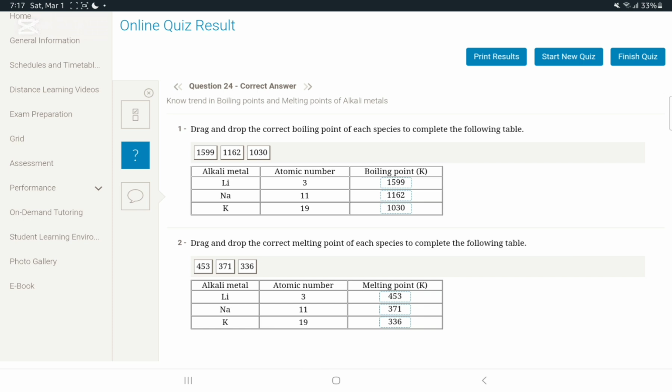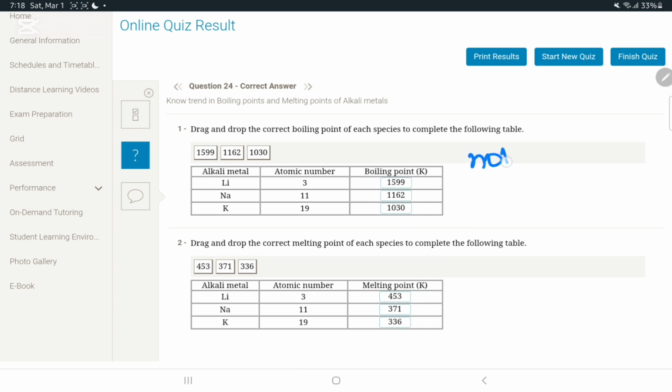As you go down the group, or as the atomic number increases, the melting point and boiling point will decrease. So for the lowest atomic number, you choose the highest boiling point. It's the same thing for the melting point.